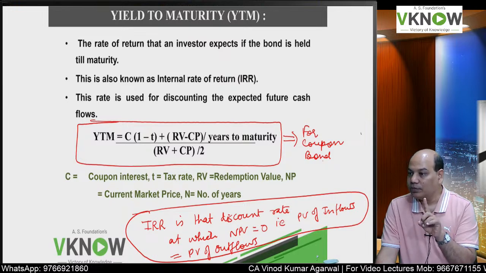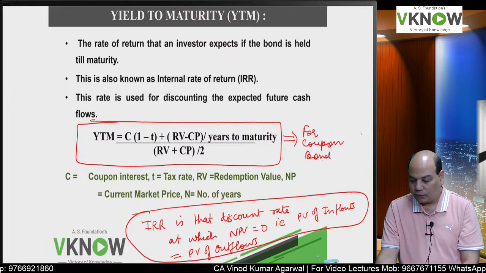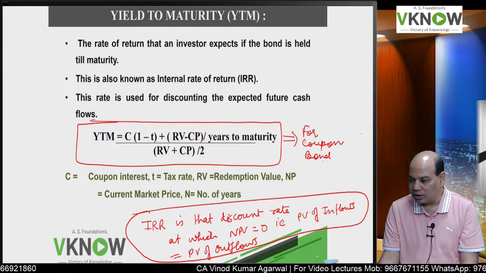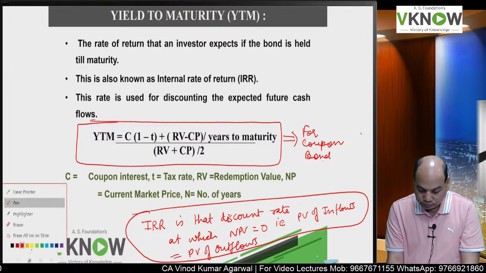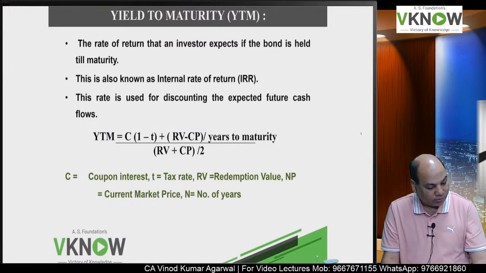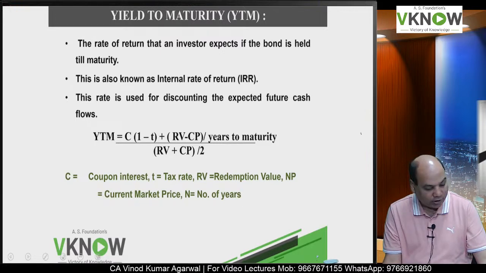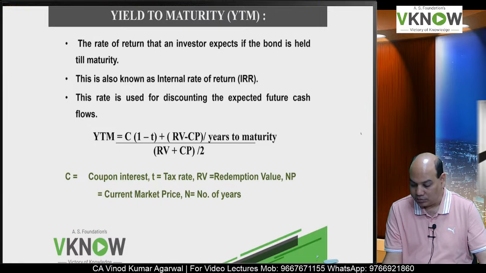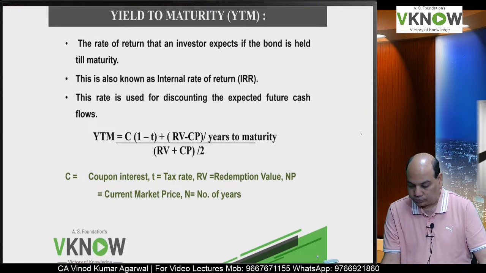For that type of question, you can apply the formula. The formula is C into (1 minus T) plus (RV minus CP) divided by number of years to maturity, upon (RV plus CP) by 2. In your book NP is written, it's okay.